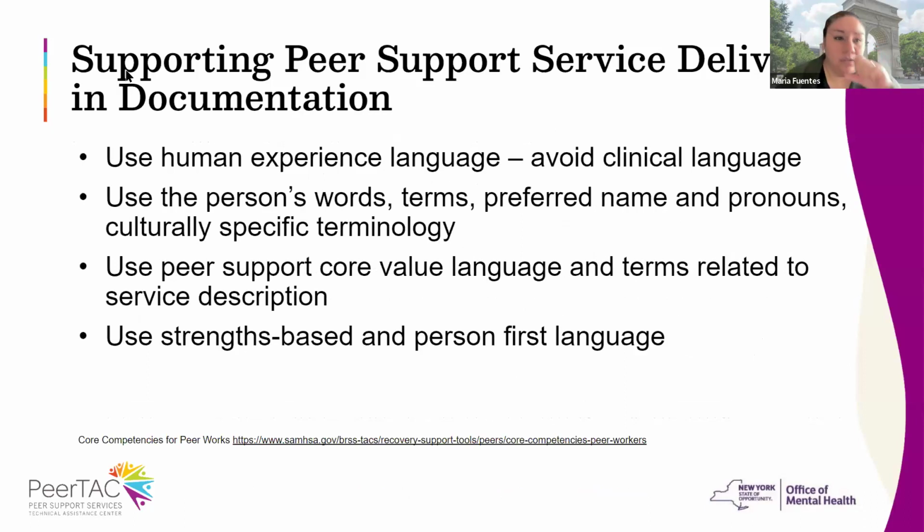We use human experience language, which is a very important skill and is a challenging one. Peers can often fall into what I call the code switch trap, since we have been through so many systems and we learn the language to be able to communicate and advocate for ourselves or for our loved ones. It's very important to note that we're not clinical workers.